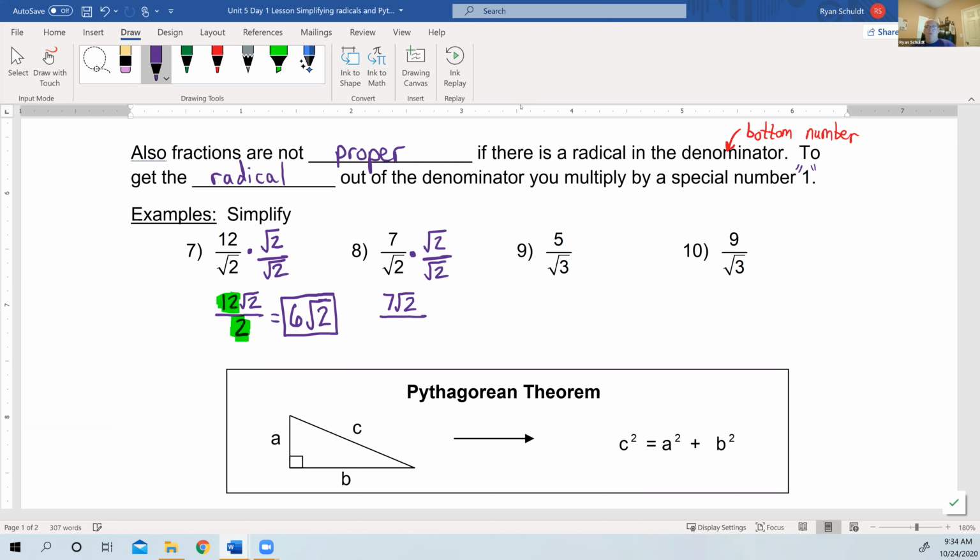On the bottom, we're free from the radical, so just a 2. Now you have to look, can you simplify 7 over 2? No, you cannot simplify it, so we're done with this problem. It just stays like that.